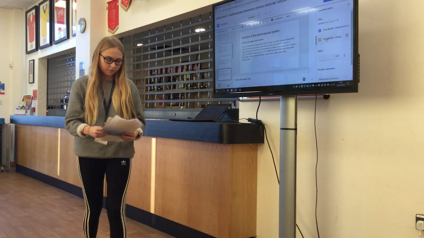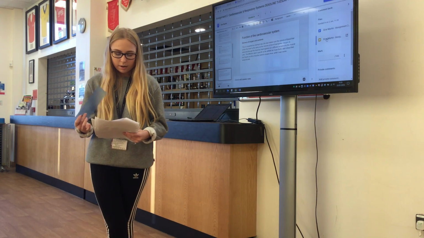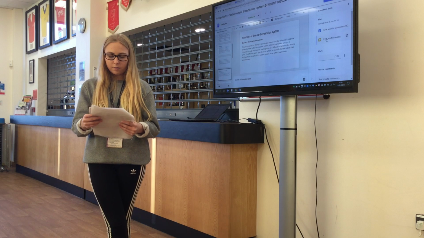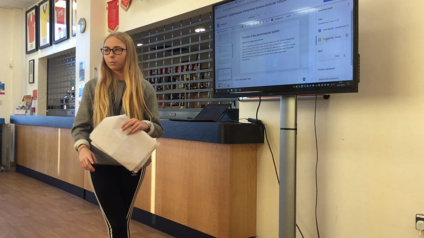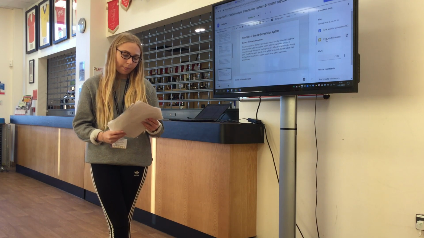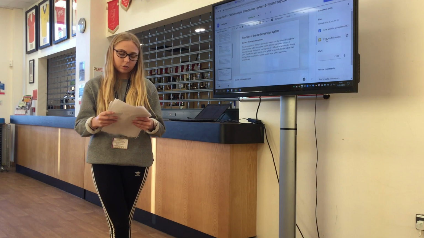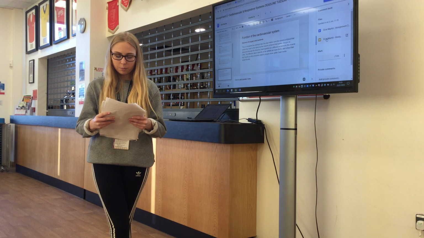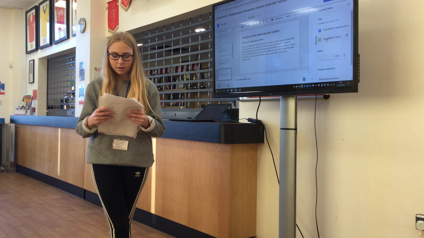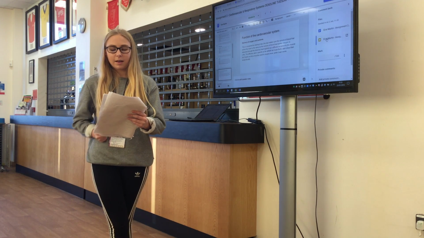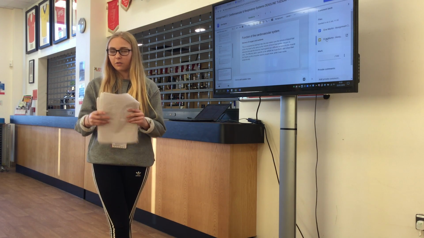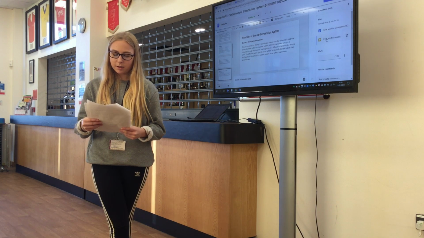So the functions of this start with delivery: the volume of blood that goes into the heart has to be the same as the volume of blood that leaves the heart. Oxygen is delivered through the blood by hemoglobin, and it diffuses into the muscles through the capillaries.